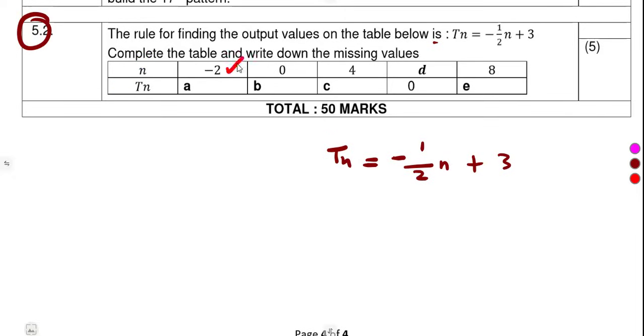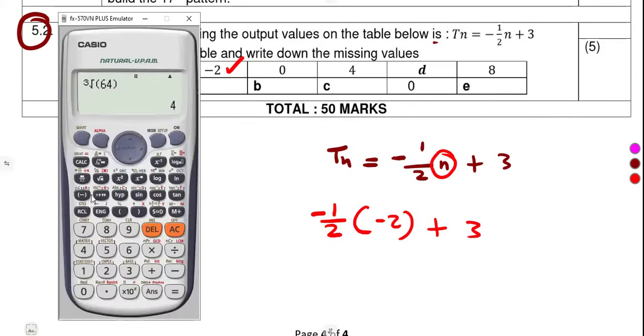When n is 2, just put 2 in place of n. So it means when n is 2, we're going to have minus half, and we substitute in place of n, we put minus 2 plus 3. Guys, this one you can just even use your calculator. It's just to substitute there. Nothing much there.